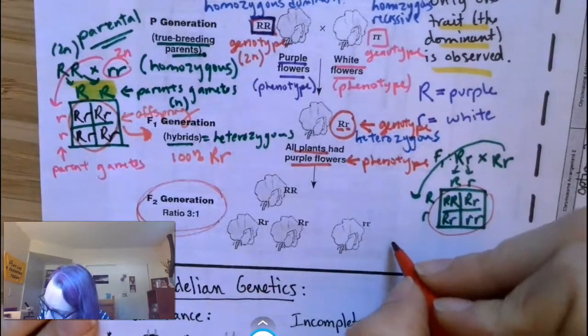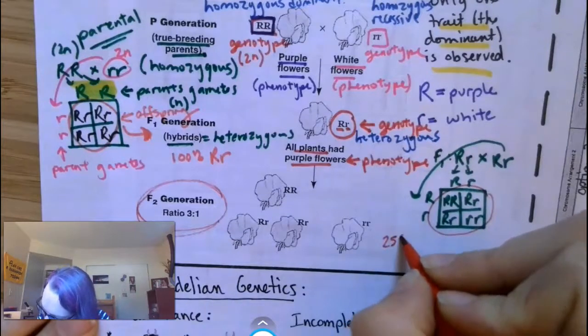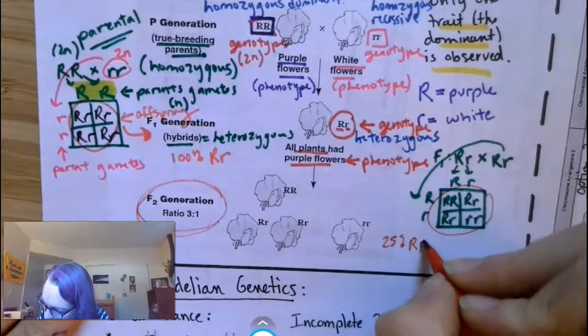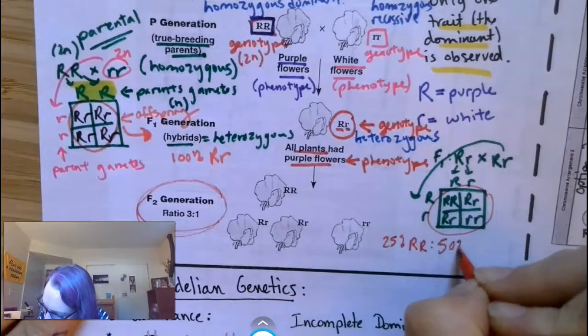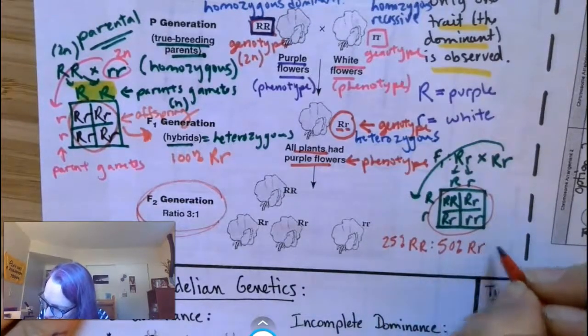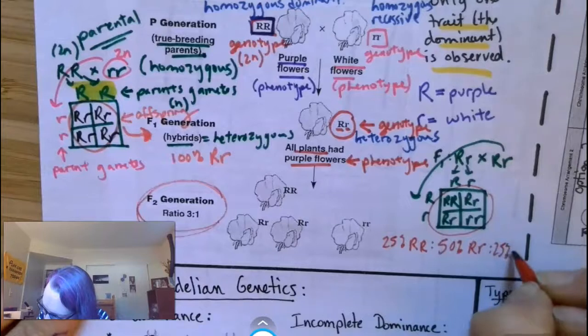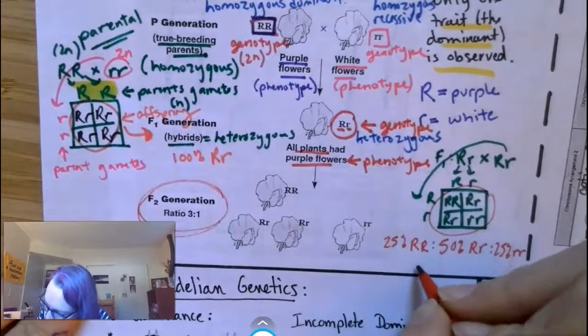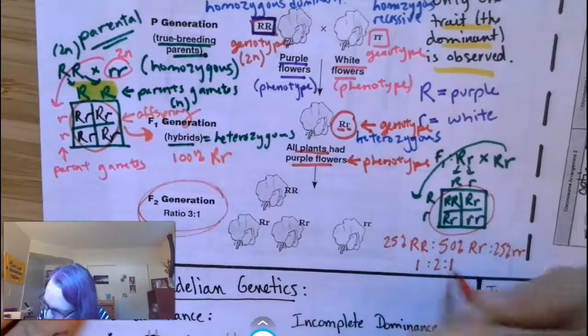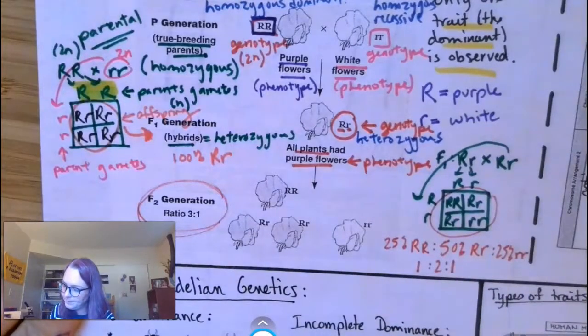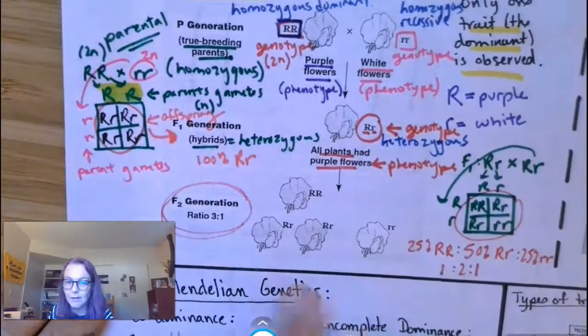There's a ratio: 25% of the offspring have the probability of being big R, big R. There's a 50% chance that the offspring will be big R, little r, and there's a 25% chance that the offspring will be little r, little r. We call this a 1 to 2 to 1 ratio, and you can see that right here.